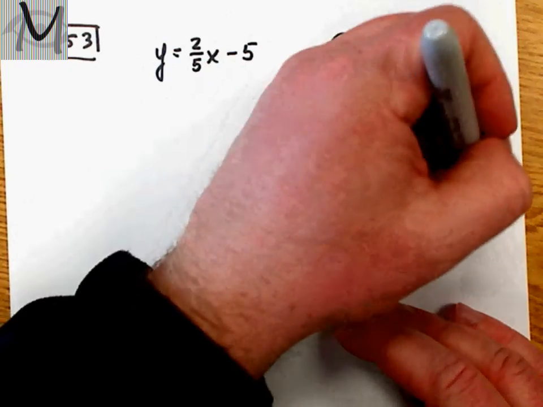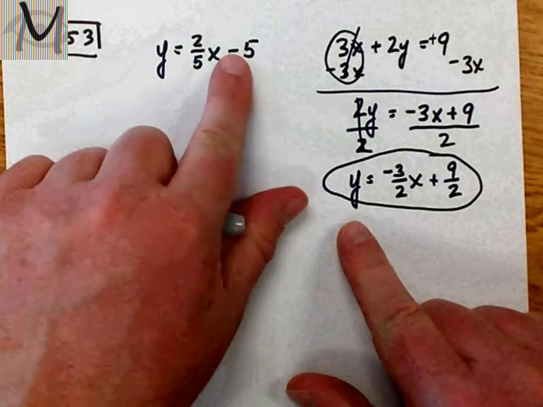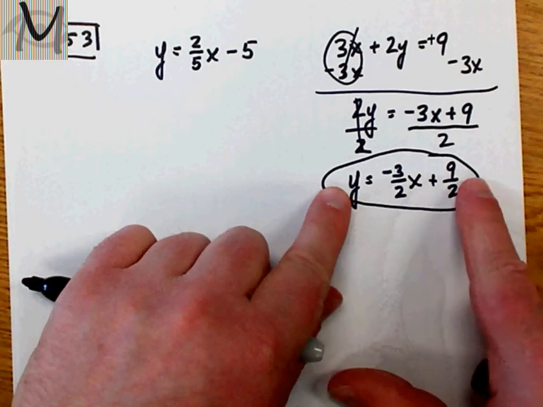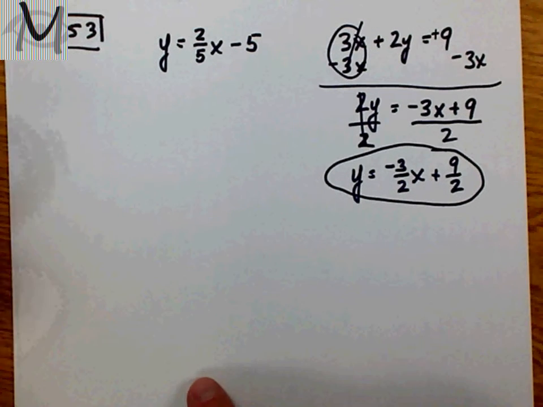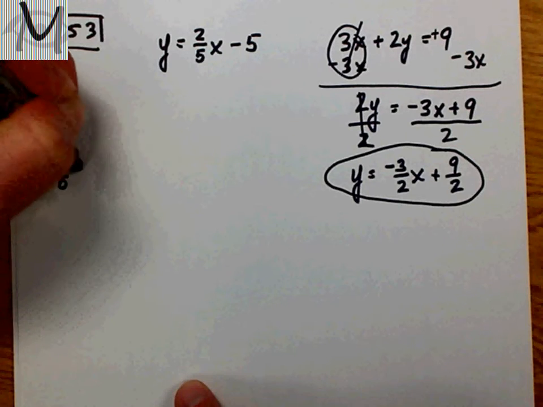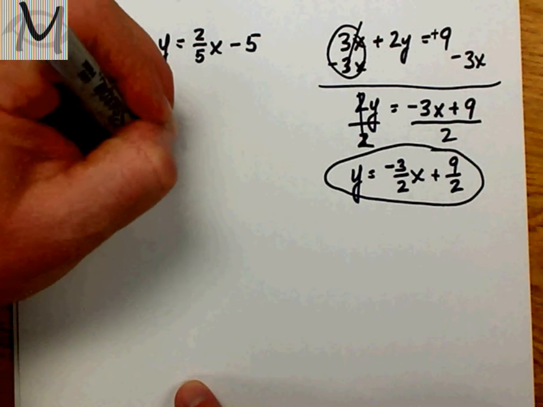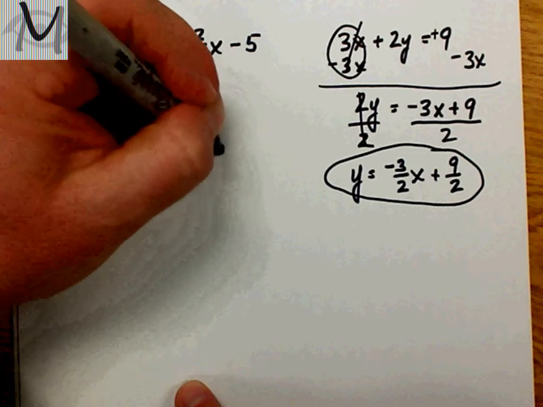This is the other equation, and now I have y equals this and y equals that. So now I can set them equal to one another. 2 fifths x minus 5 is going to equal negative 3 over 2x plus 9 over 2.